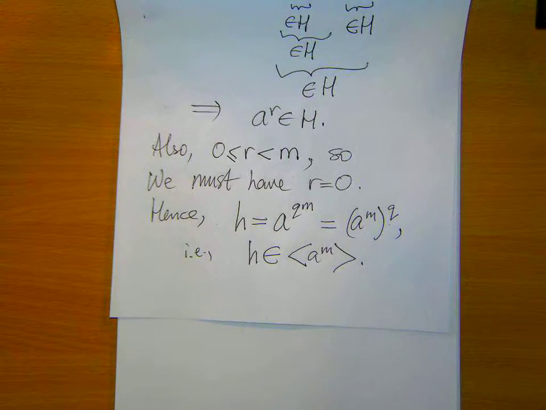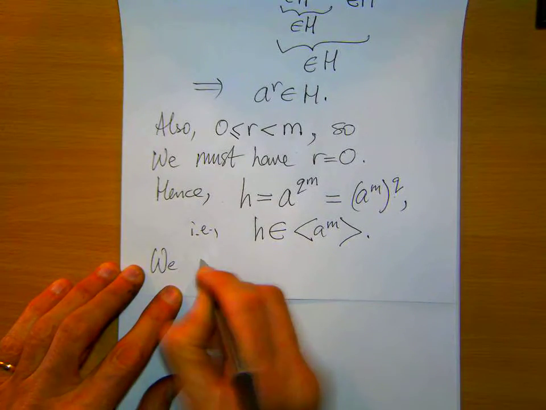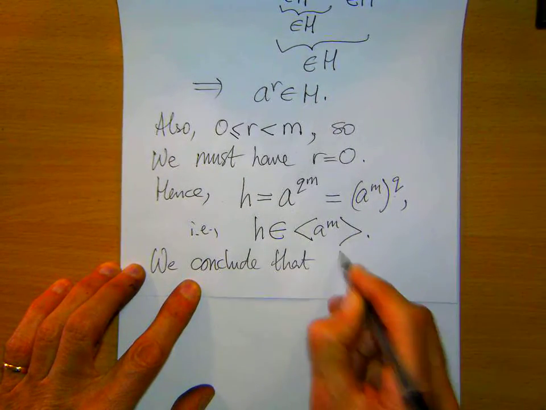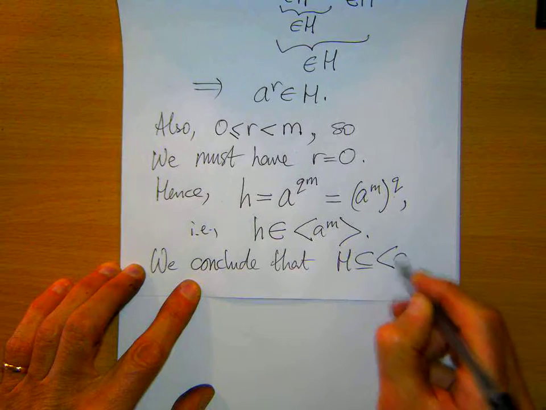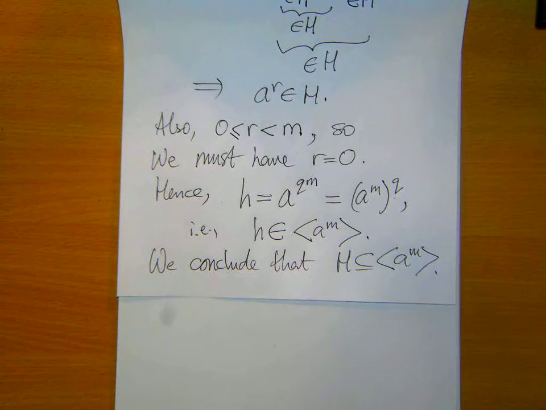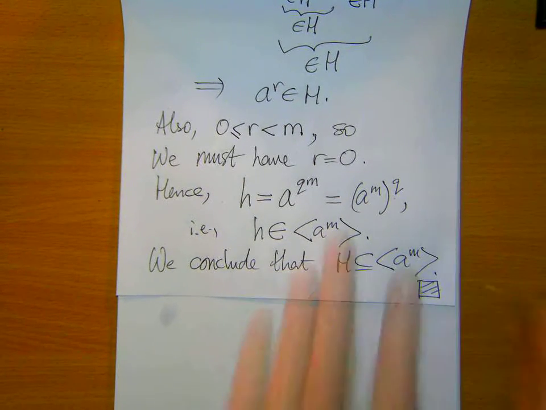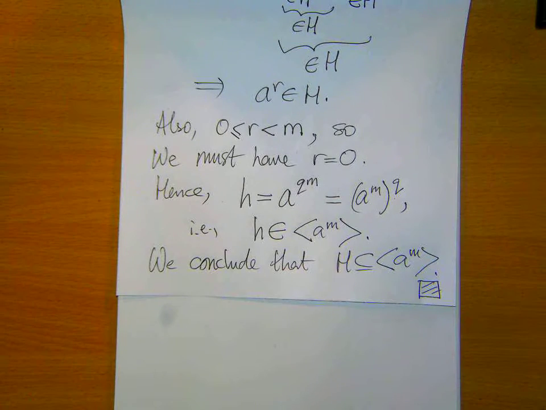And that concludes the second part of the proof, that H is indeed a subset of the subgroup generated by a to the m. Everything in H can be written as a power of a to the m. Remember, that's what we're trying to prove in the second part. It's the end of the proof.